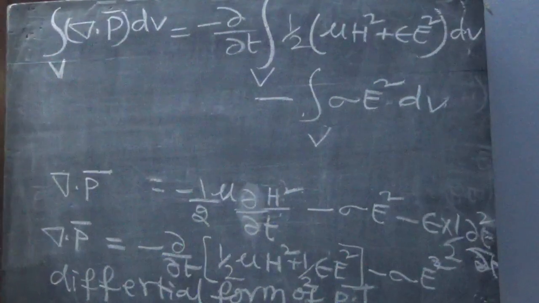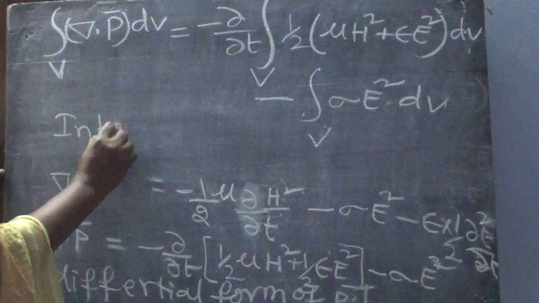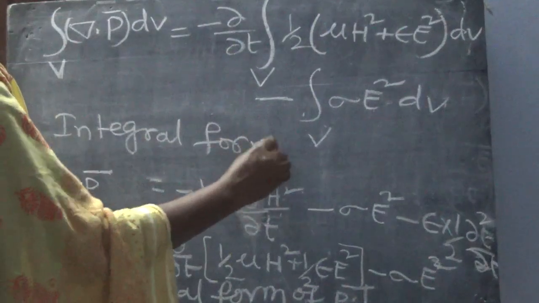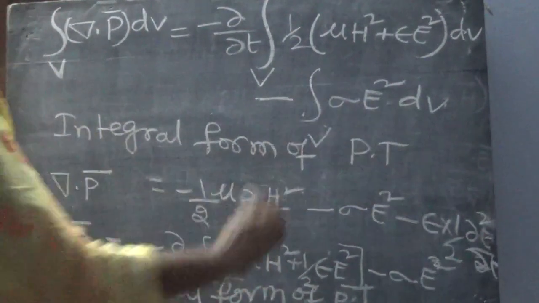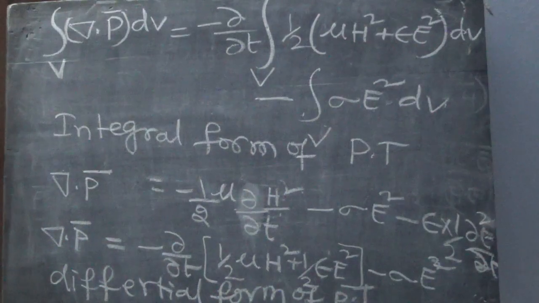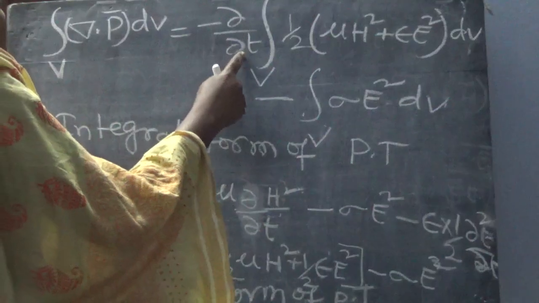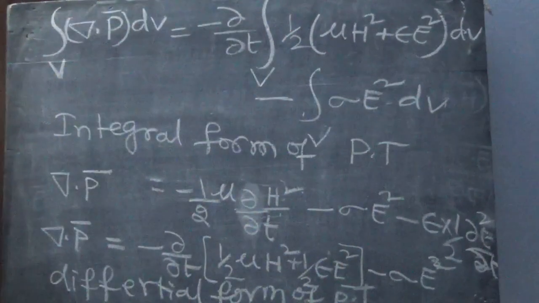So this is the integral form of Poynting theorem. What it shows: time rate of decrement of energy within the field minus ohmic losses. So this is about the Poynting theorem.